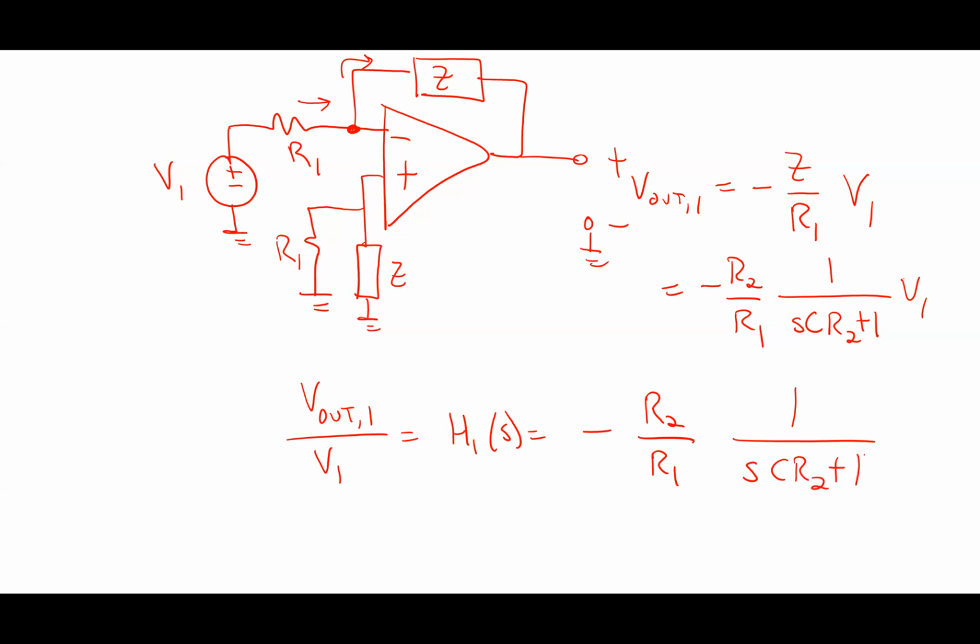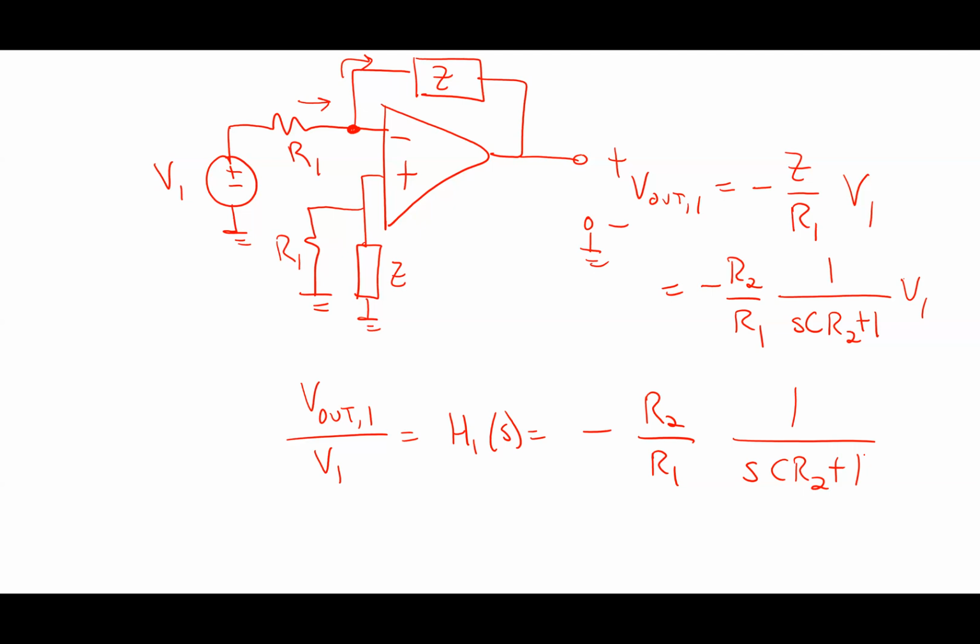Now look at that. How many poles does this have and how many zeros does it have? 1 pole, no zeros. All right. What is the pole location for this thing?